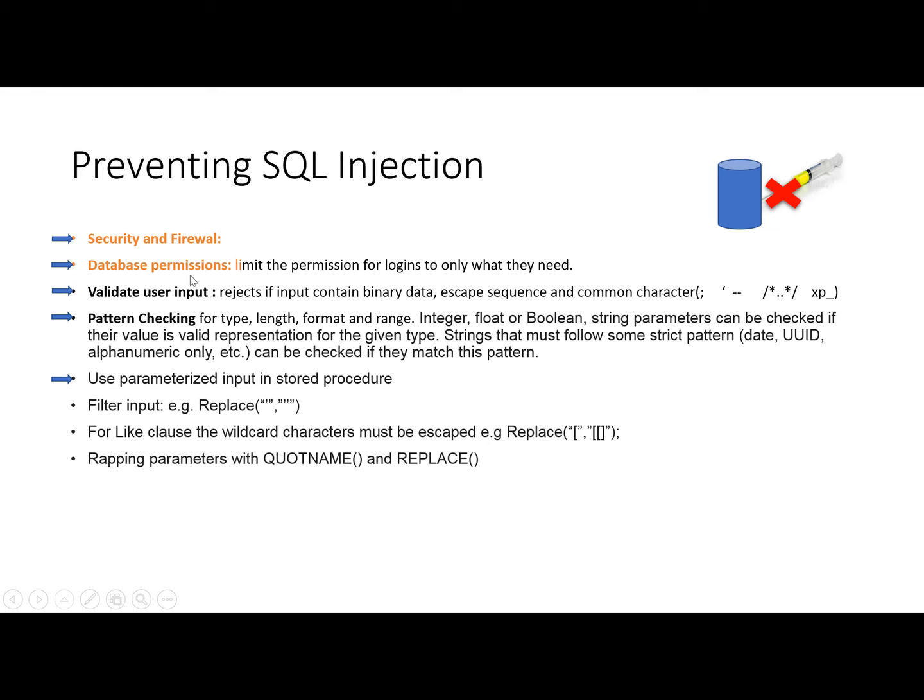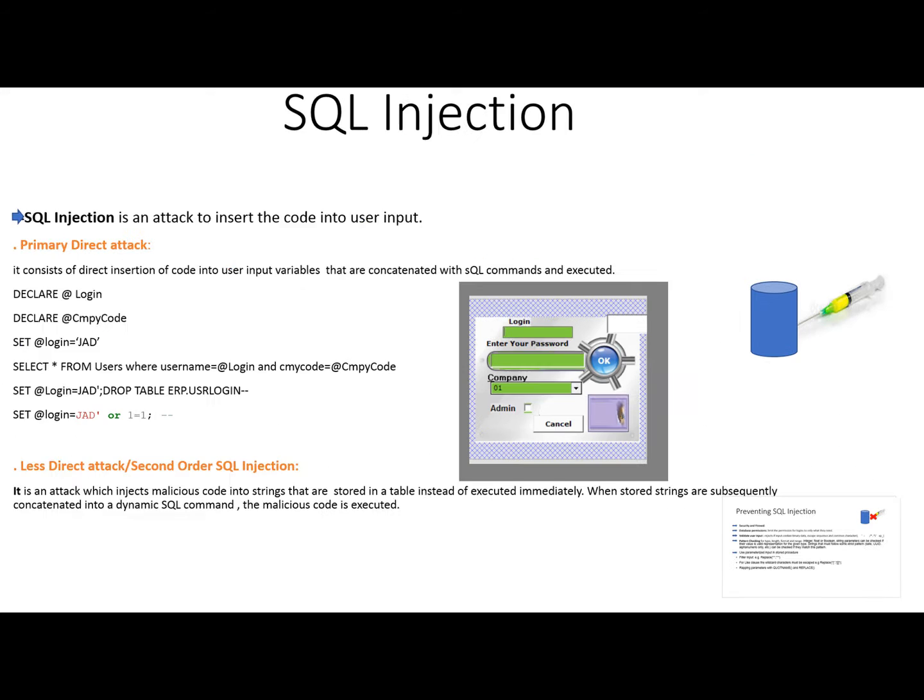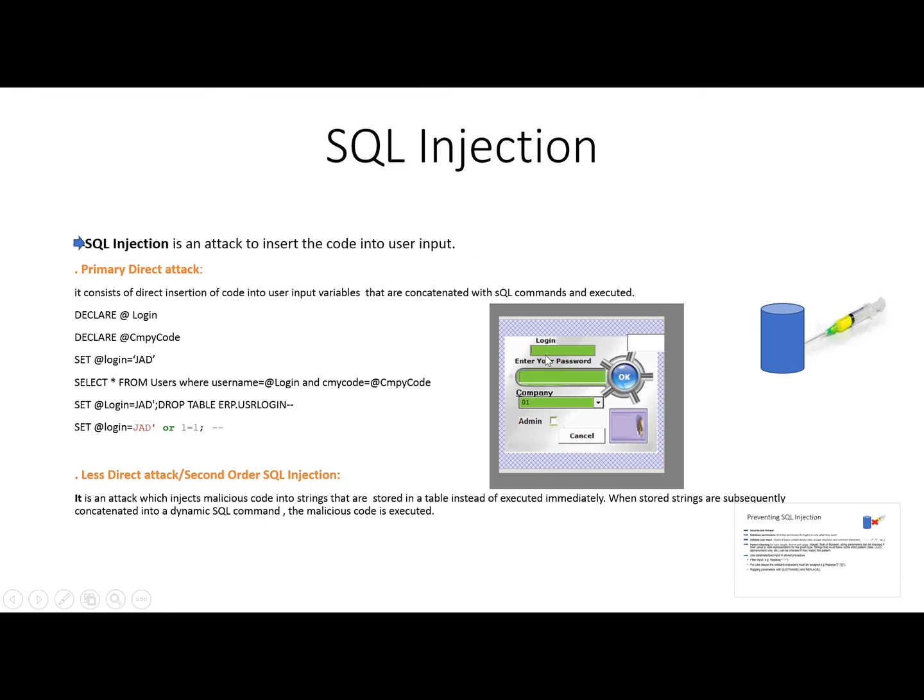the database permissions for each login. We have to limit the permissions for the login. Like in the previous video, we discussed that when the user is entering the login and has entered some malicious code with the login name like this one. This is the login name, and again we entered a semicolon, and then there is a statement for drop table.